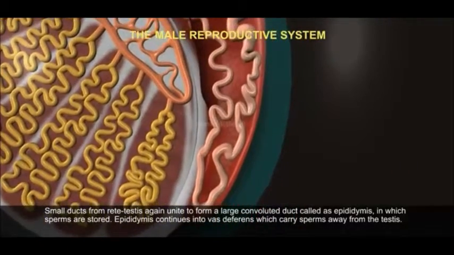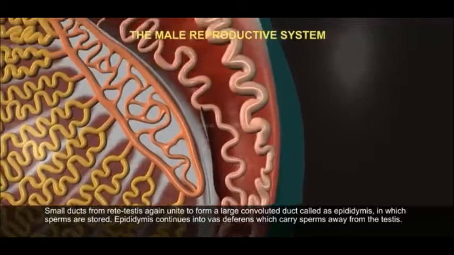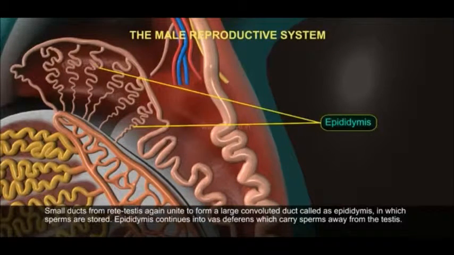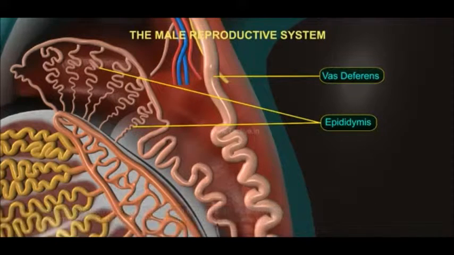Small ducts from the rete testis unite to form a large convoluted duct called the epididymis, in which sperms are stored. Epididymis continues into the vas deferens, which carries sperms away from the testes.